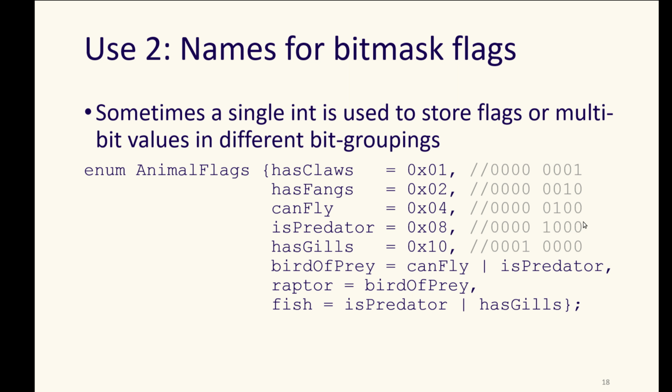They're also, in a more advanced case, very useful for flags when we want to specify multiple features about a thing, like in the case of animals, that animal may have claws and fangs, or it may be a predator and can fly. And so we can specify binary values that each use a different bit in our enum, and then if someone specifies 2 of those values, they can be combined using binary operators into one number that shows the correct bits for that.